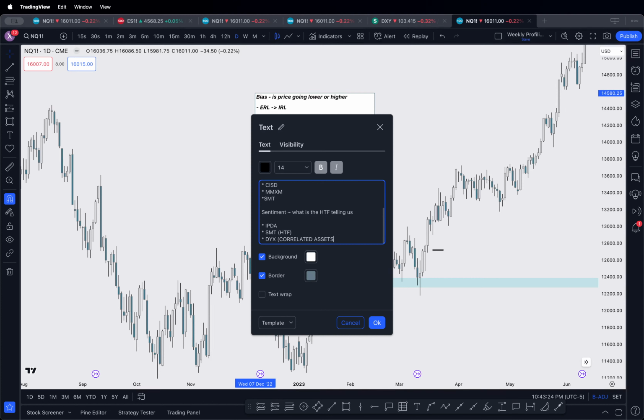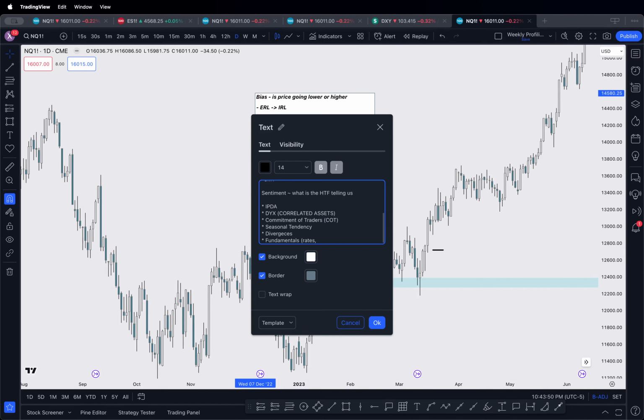Correlated assets. What else? Have you heard me talk about the COT before? Yep. Commitment of Traders, the COT. What about seasonal tendency? What about divergences? That's SMT, right? So we can call it divergences. What about fundamentals?